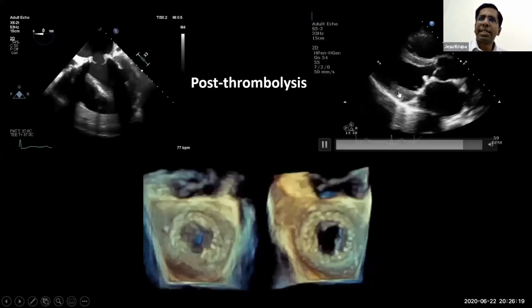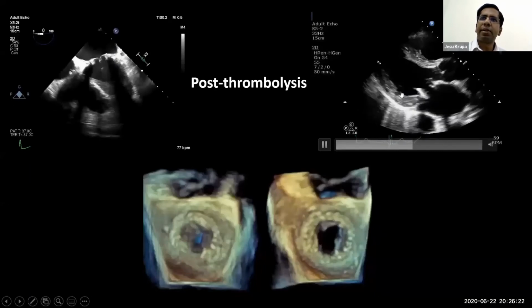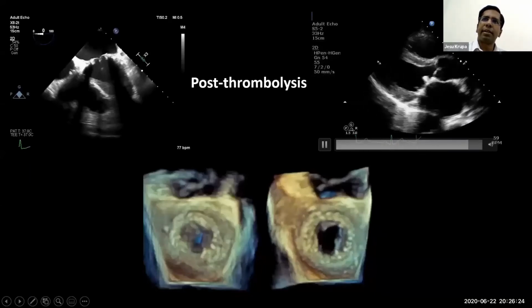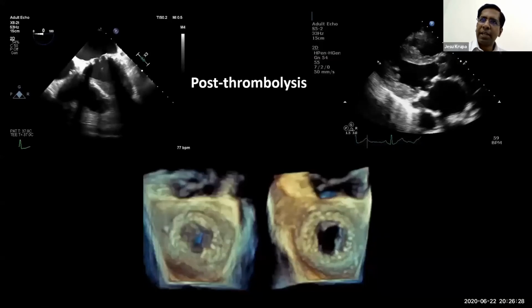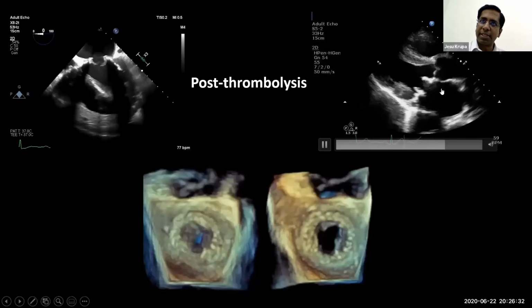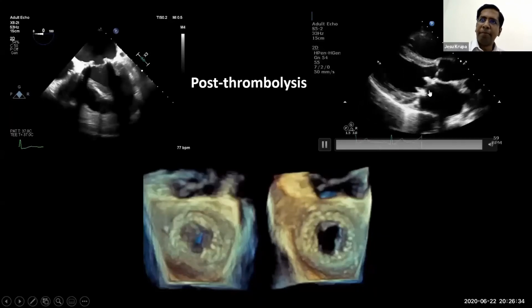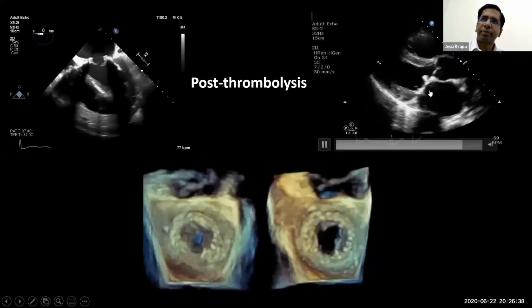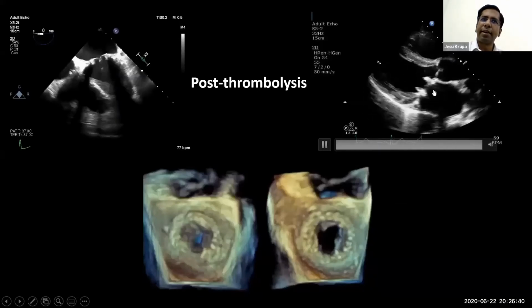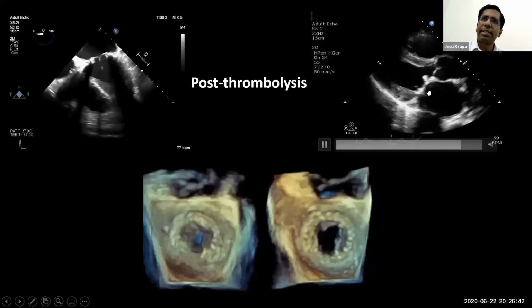Somebody without all this history, with just a normal bioprosthetic valve in the mitral position, comes for evaluation, we might get this appearance for a stented bioprosthesis. And these are the leaflets inside, which are fairly thin, and you can see the mobility also.